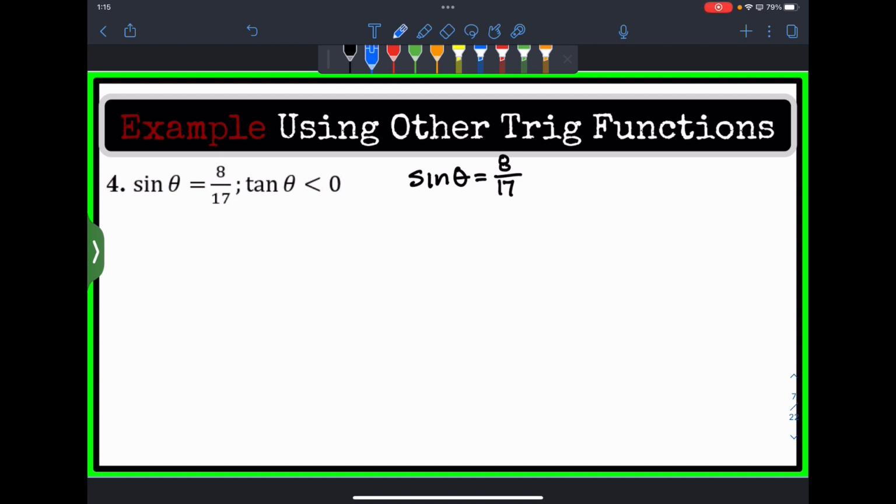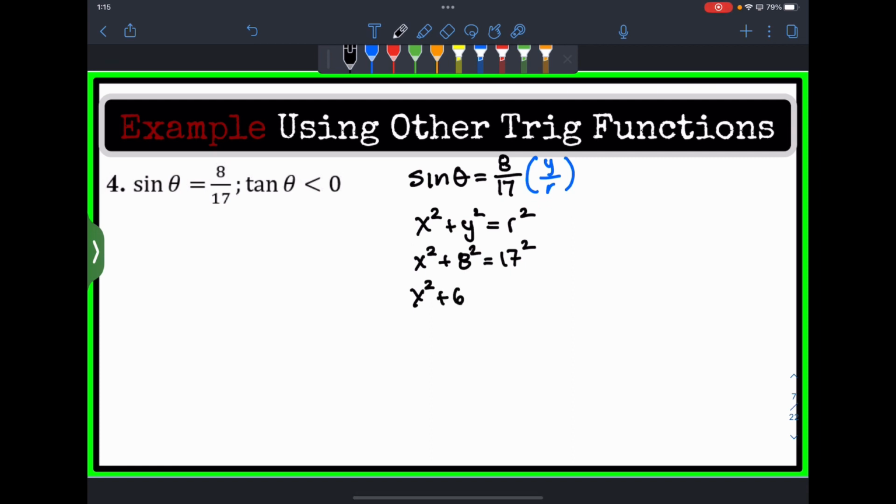Well, since sine is y over r, let's figure out what the x coordinate is by using our Pythagorean theorem. So if I substitute in 8 for y and 17 for r, we get this formula. So let's solve the equation for x.